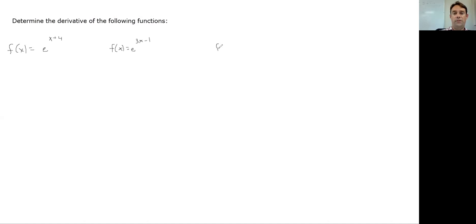Well, how about f of x equals e to the tan x? And f of x equals e to the cube root of x squared minus 1. We're just going to do a few derivatives, and we'll do a couple applications, and then we'll call it a day. We're going to keep today pretty straightforward.